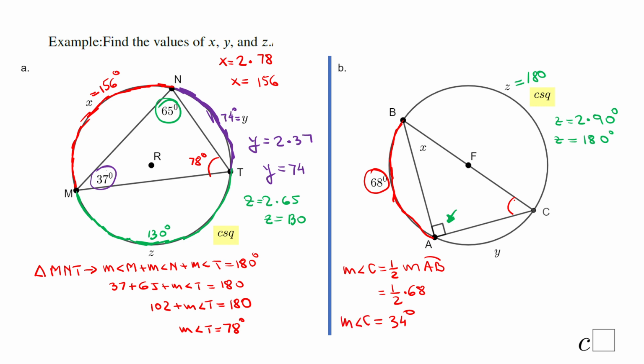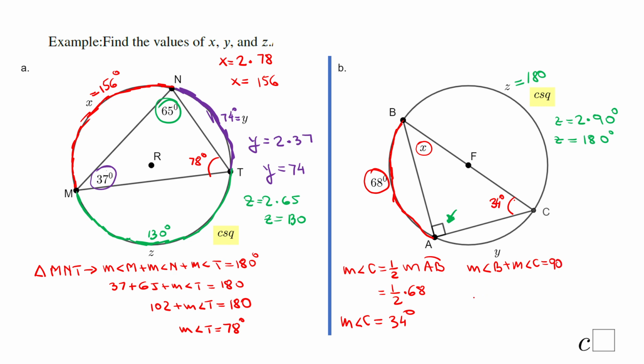So why did I need that angle C? Because now I can find x here, because these two angles, angle C and angle B, are complementary. They are acute angles in a right triangle. That's what I said here.